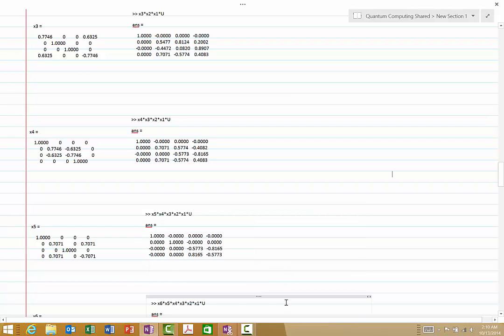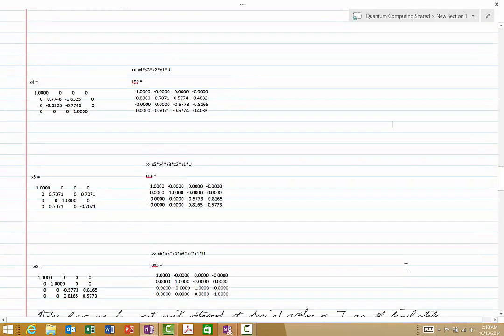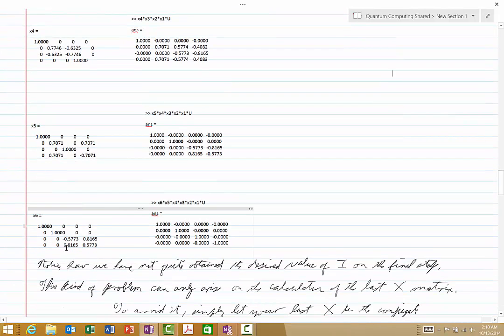Okay, now when we follow the same formulas as above to find x6, this is what we get. And when we multiply x6 by x5 times x4 times x3 times x2 times x1 times u, notice what we get. It's not quite the identity matrix.